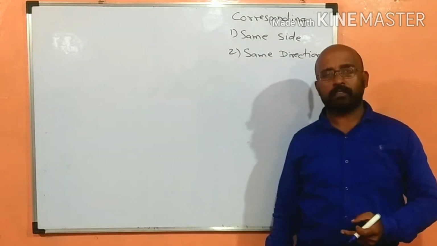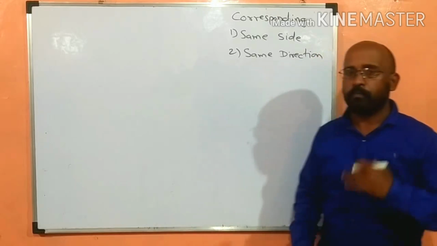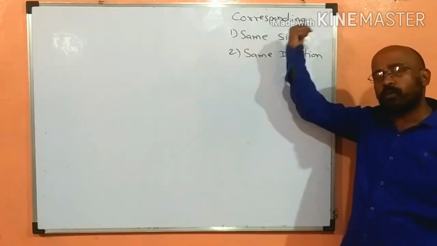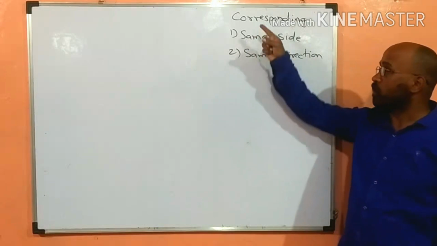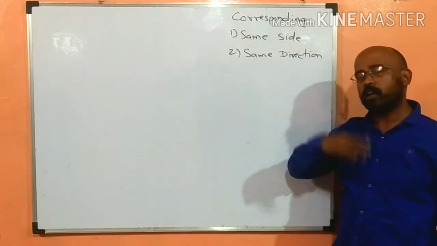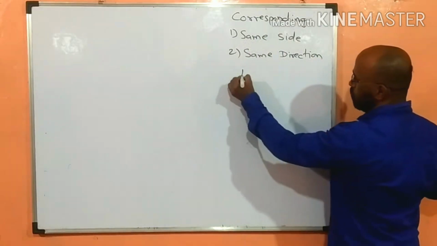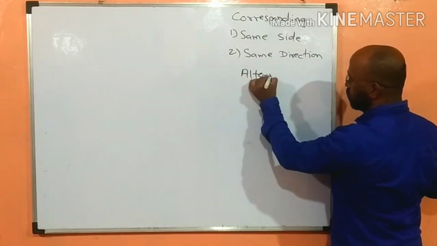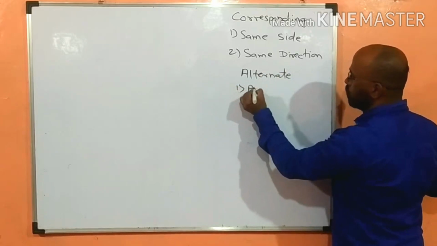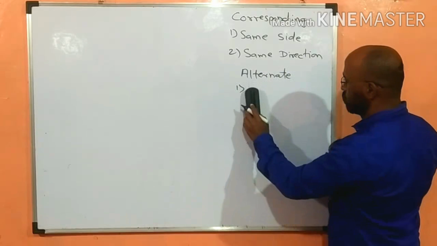Alternate angles are somewhat contradictory to this. Means what? In case of alternate angles, they will be on the opposite sides of the transversal. Corresponding angles are on the same side, so alternate angles will be on opposite sides of the transversal.